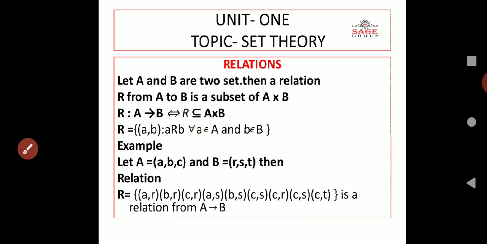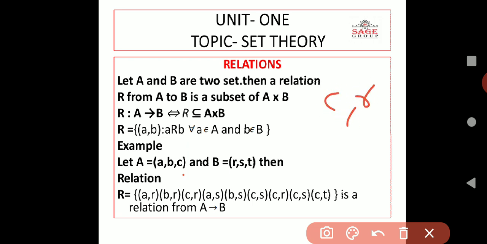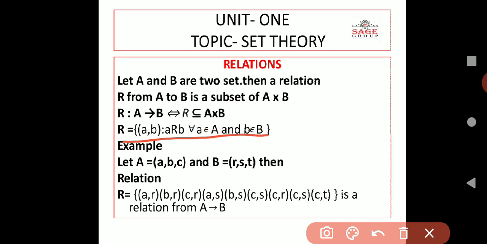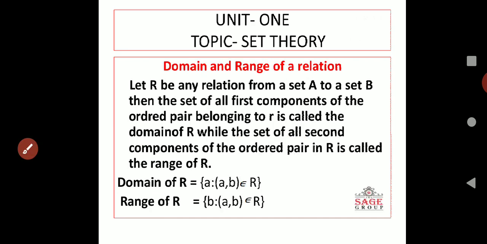And if we get the third element c, then the relations are cr, cs and ct. Okay, so the pairs formed between the elements of set A and the elements of set B are all called relations. So mathematically we write R is equal to (a, b) such that a is related to b for all a belongs to A and b belongs to B.